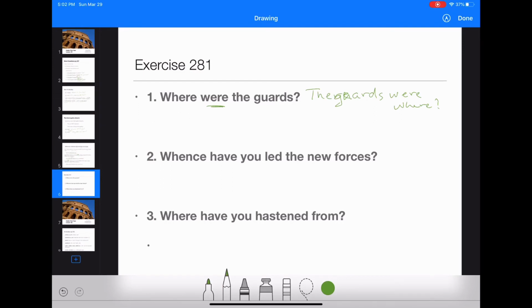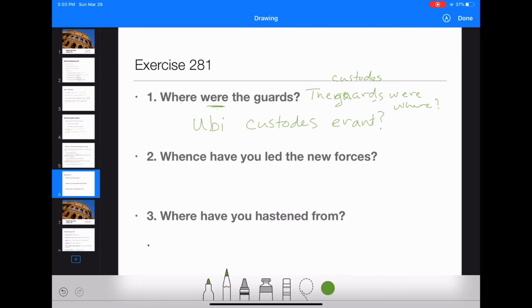So the guards, the word is custodes. So the guards were will be erant, because that's how we say were in Latin. And our where has no motion, so we can use ubi. So that's our final answer for that one.